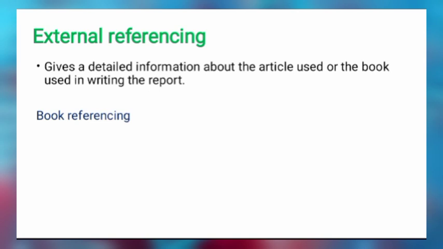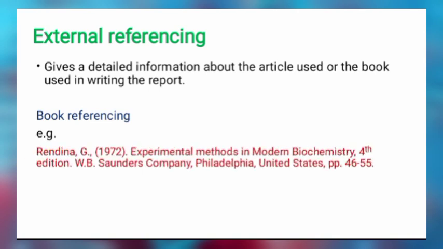So we divide external referencing into book referencing and then journal referencing. For the book referencing, you write the name of the author, then the title, edition, publication, the city of publication, and then lastly the country and the state.